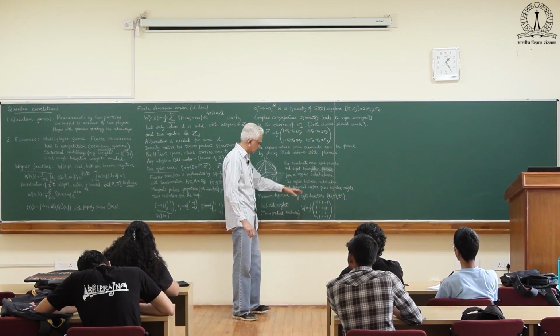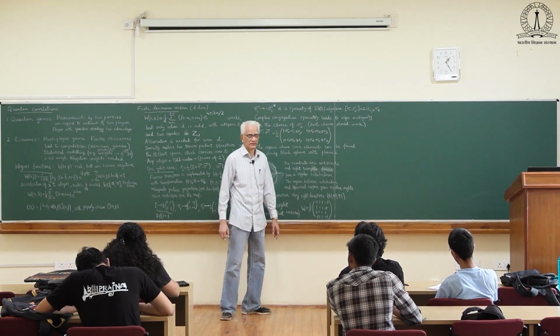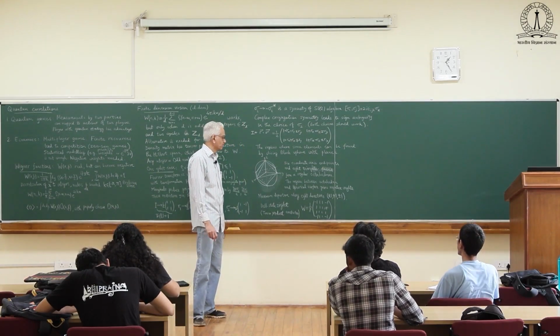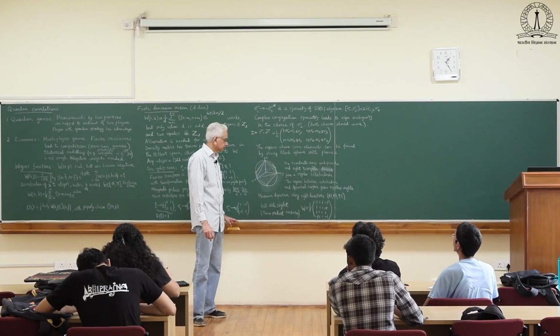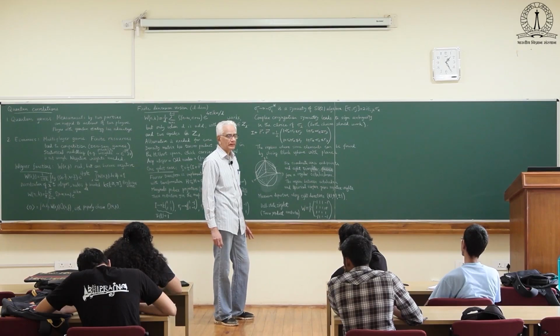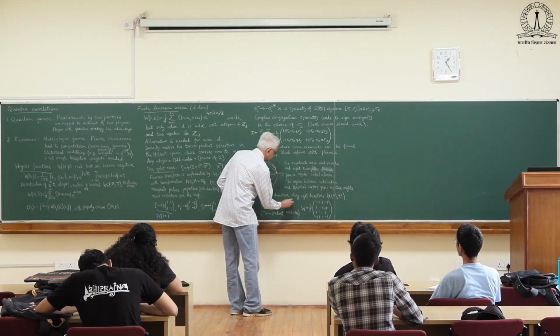Sixteen entries are there, all of them have magnitude 1, but the ones on the corners get -1. This matrix representation is for the sign minus, the singlet state.